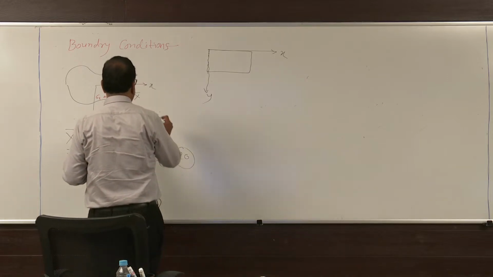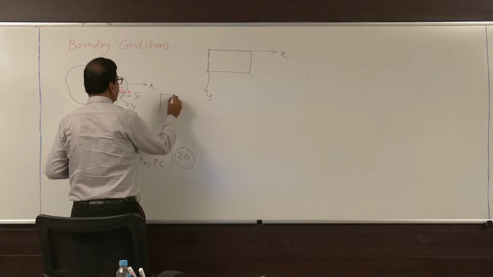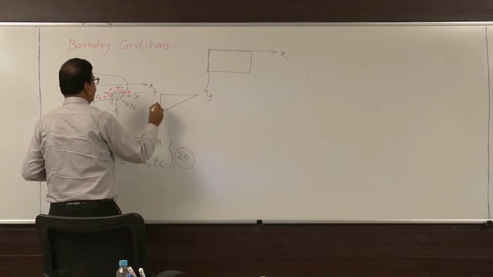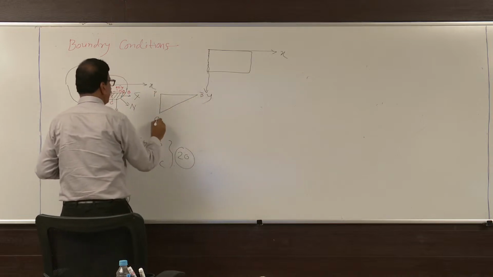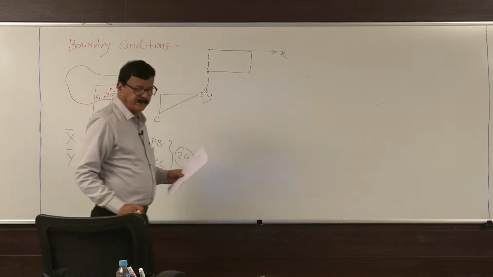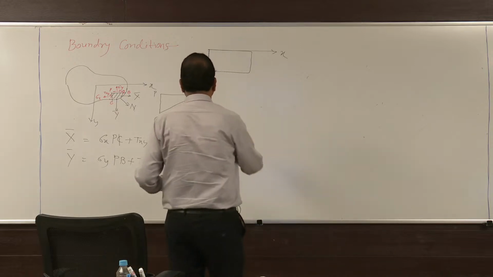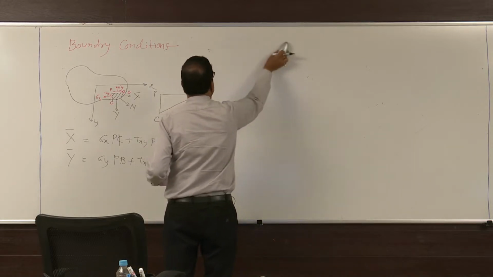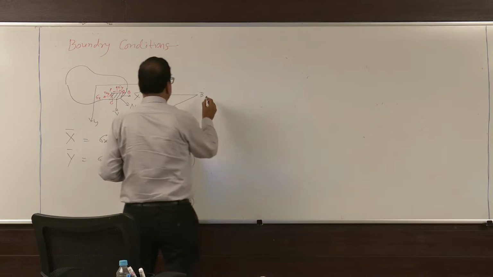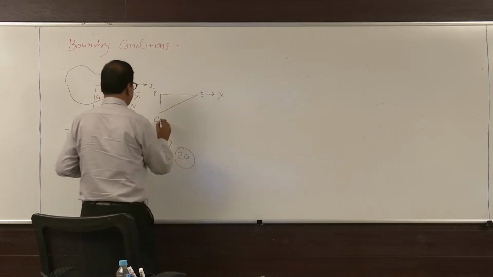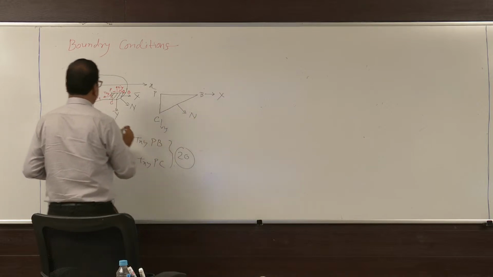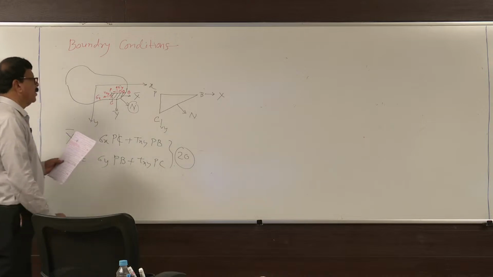How? Suppose we draw a separate diagram of this P, B, C, and this is the x direction and this is the y direction. This is the normal n, as it is clear from the figure.